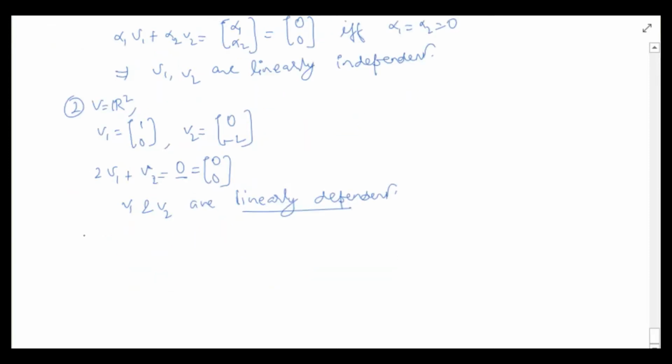Let's take one more example, and now I take V to be the set of all geometric vectors in 2 dimensions.